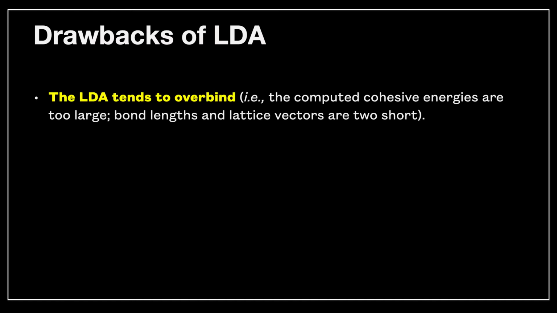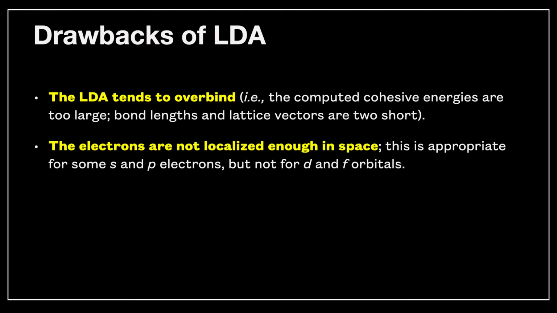For example, LDA tends to overbind. So the lattice constant and bond lengths are usually too short. Cohesive energies are too large. Another thing is that the electrons are not localized enough, which is not very surprising since it was developed for a homogeneous electron gas.